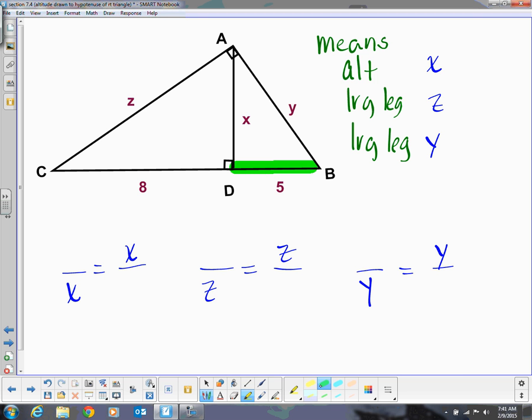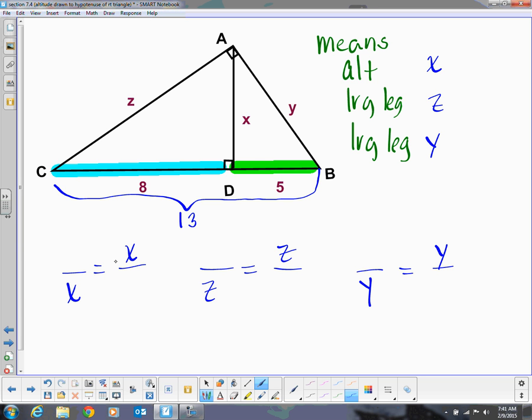There's one piece, and here is the other piece. Highlighter might help you. Can someone tell me how long the whole hypotenuse is? 13. So now the altitude is the geometric mean between the segments or pieces of the hypotenuse.